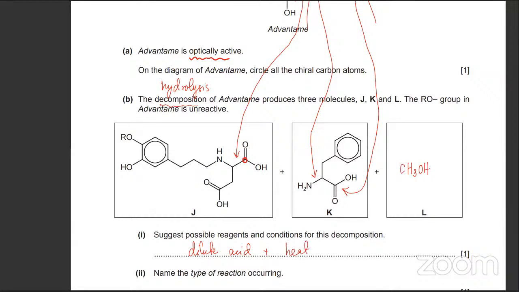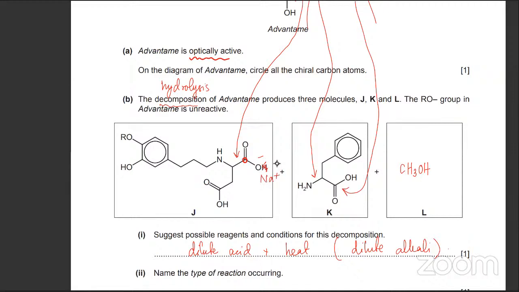Now the thing is, you can also use dilute alkali to do this. But there's one problem with alkaline hydrolysis. Instead of forming carboxylic acids, if I use NaOH, I'm going to get the same products, but the carboxylic acid would end up reacting with the alkali.